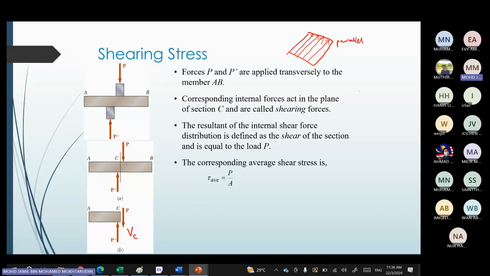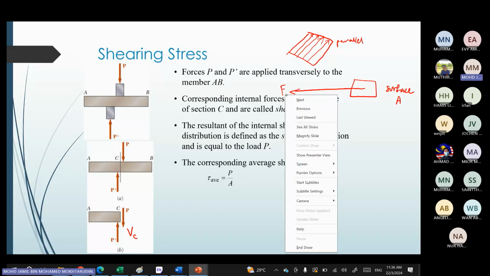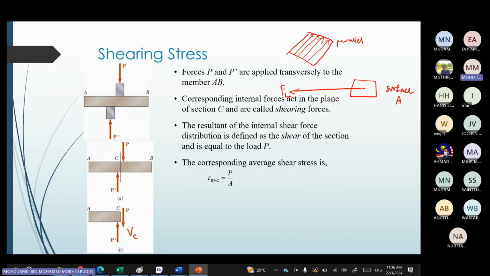Let's say you have a surface A. You have a perpendicular force acting outward, and then you have another force parallel to the surface. For normal stress, we use the symbol sigma.